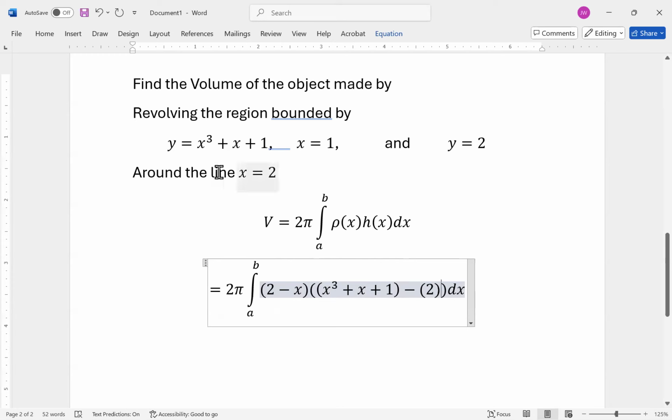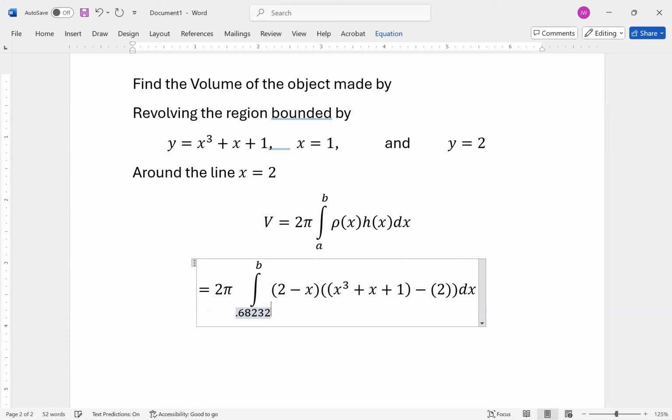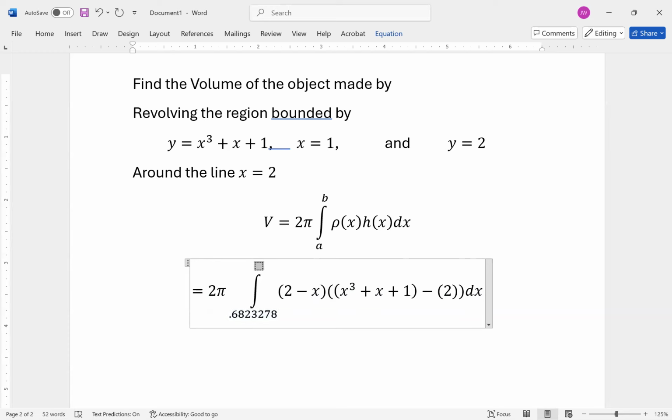Top of the rectangle was x to the third plus x plus 1. Bottom of the rectangle was y equals 2. And then the bounds: my lower bound, my left-hand x value, was 0.6823278 if I found it on my calculator. The other bound was an x value of 1.